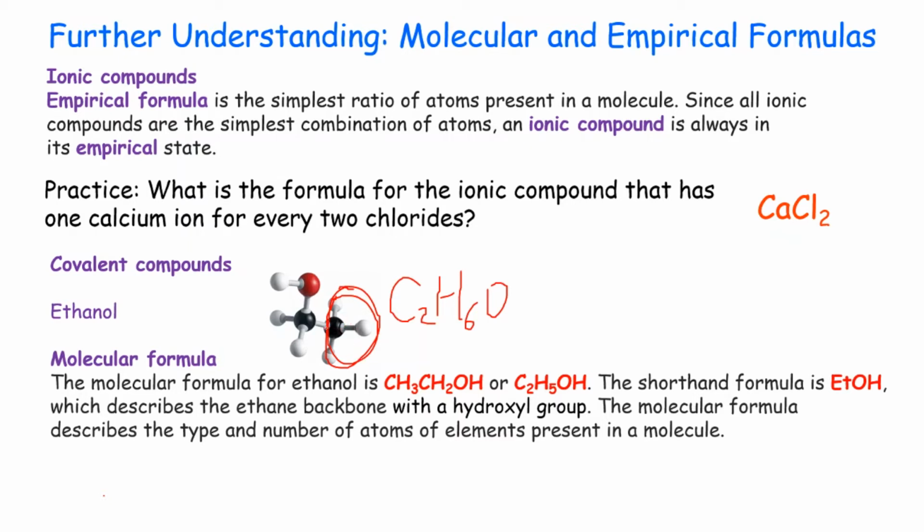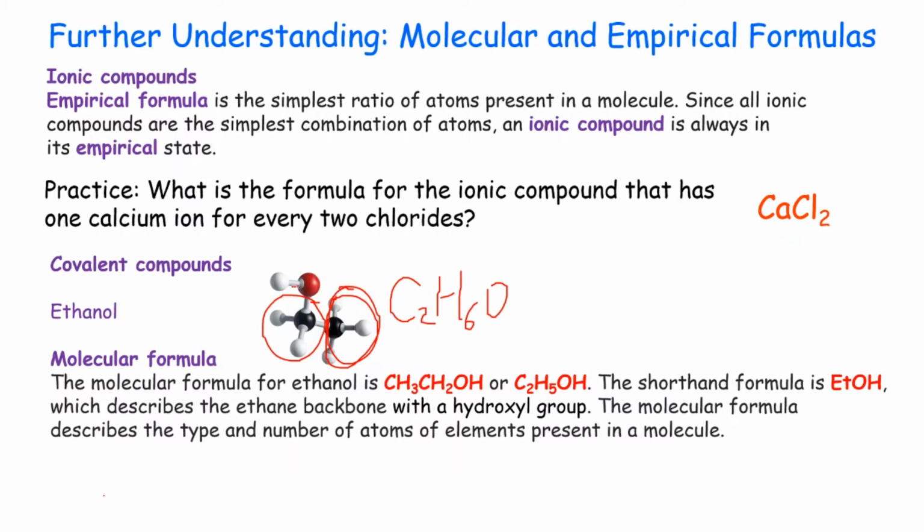And then next is connected to this CH2, all right? So ethyl group, so we are talking about this one. And then that's connected to the hydroxyl group, OH group.